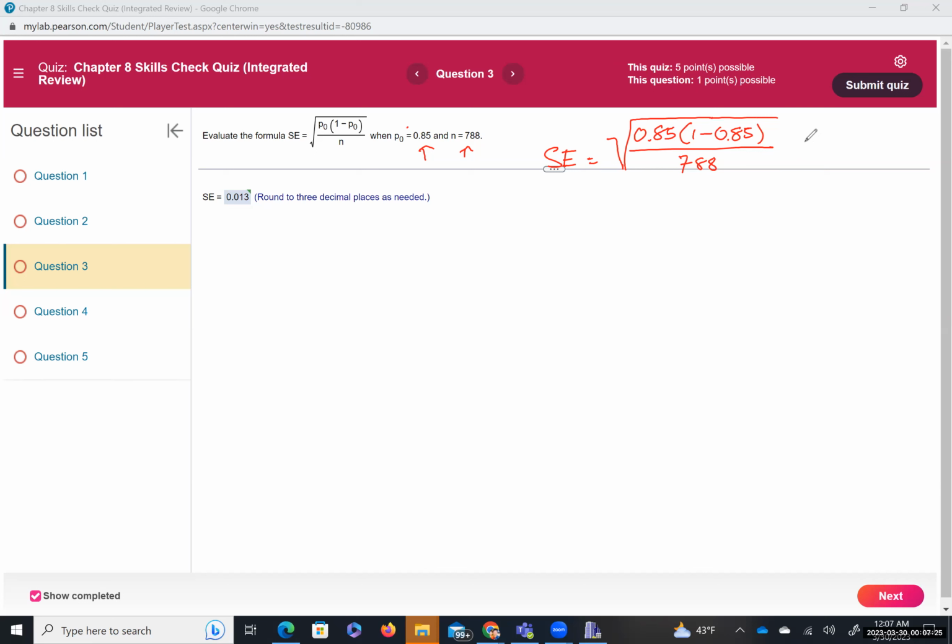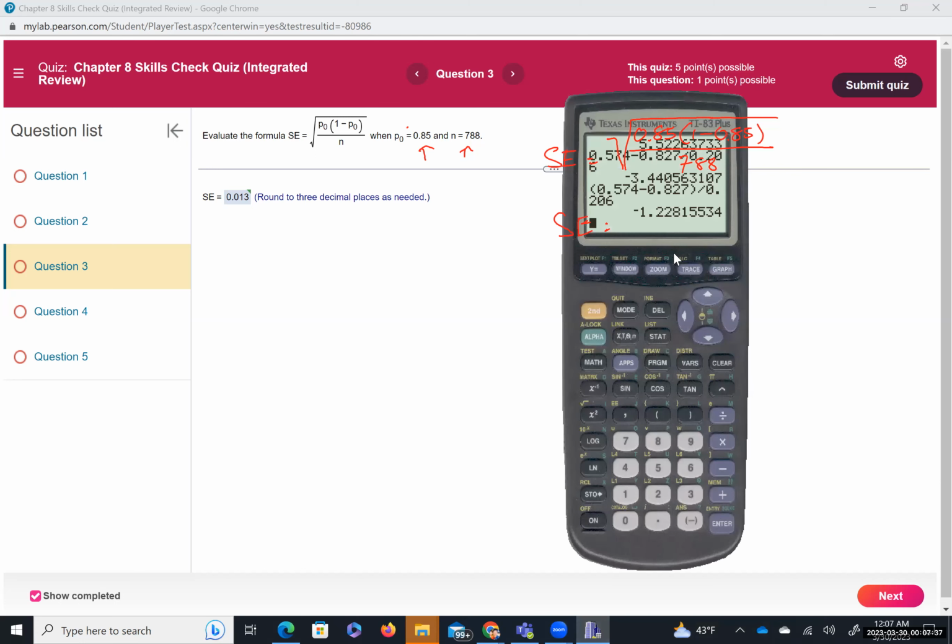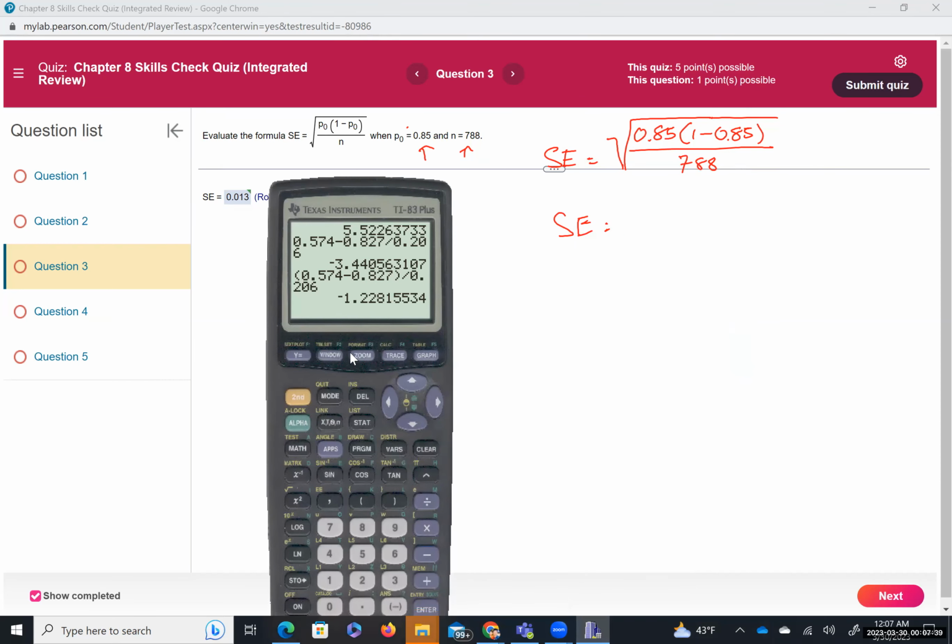So what do you have? Use calculators and I'll show you. You will have a big square root here, and inside of the parentheses there is a fraction form.